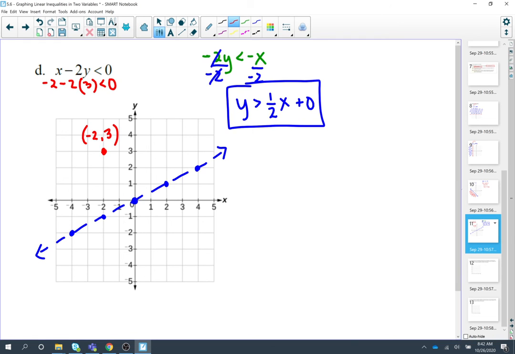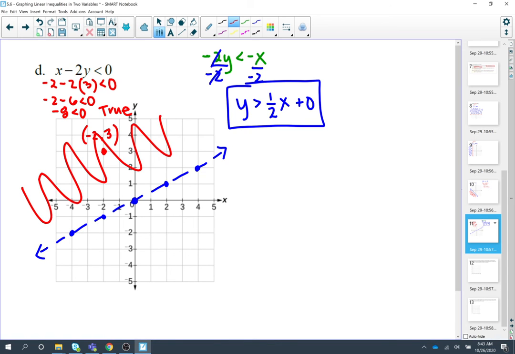Let's see. -2 minus 6 is less than 0. -2 minus 6 is -8, which is less than 0. That's true, which means I'm going to shade everything up here with that point, which means anything up here will satisfy that inequality.